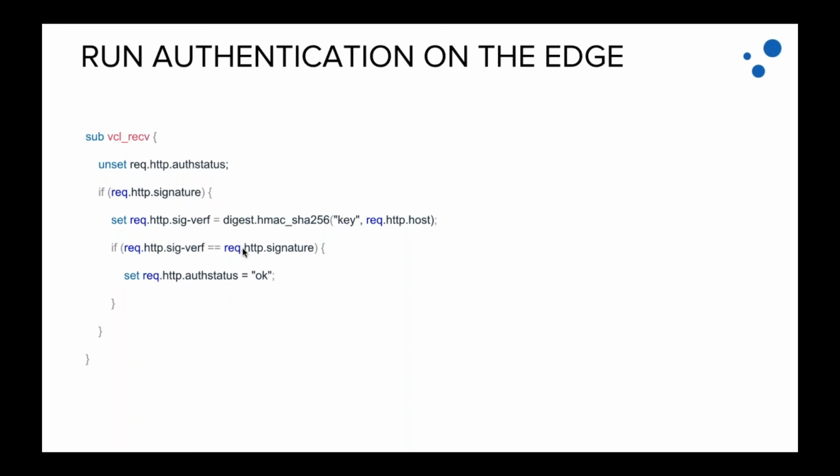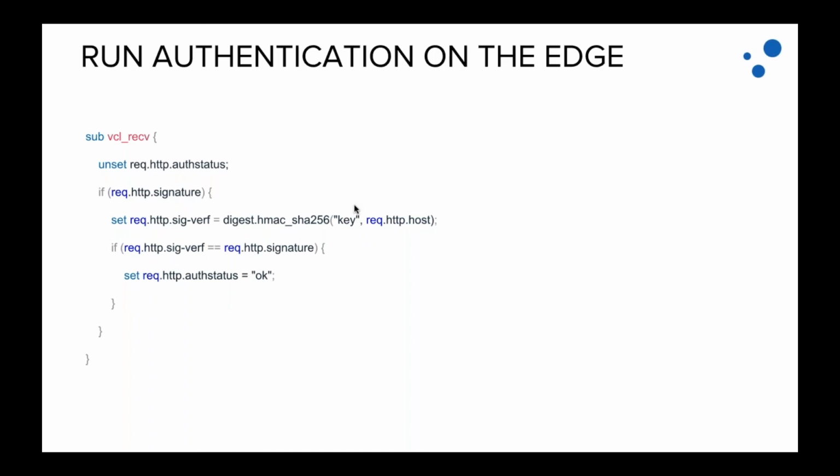And if everything is fine, in this case, we just set an authentication status header equal to OK. But based on the outcome of this digest HMAC SHA256, you can decide to either reject the user or make him or her proceed to the private part of the website.